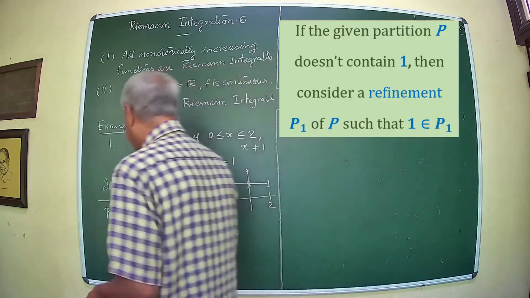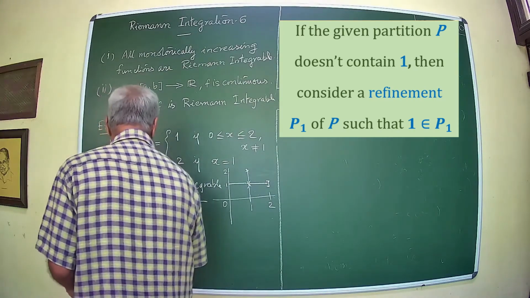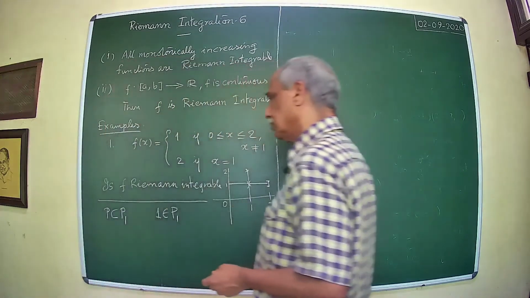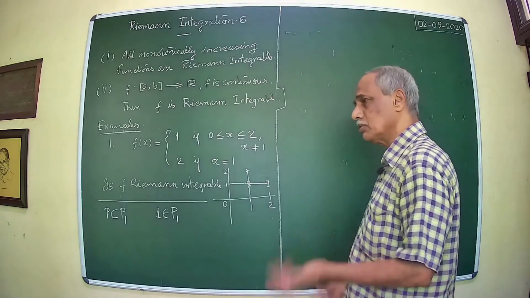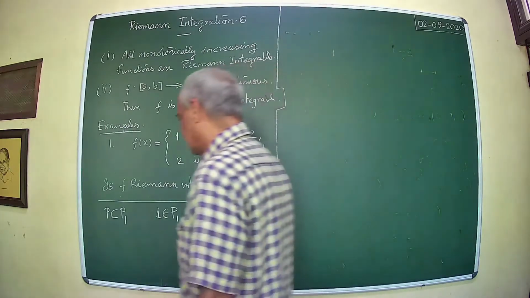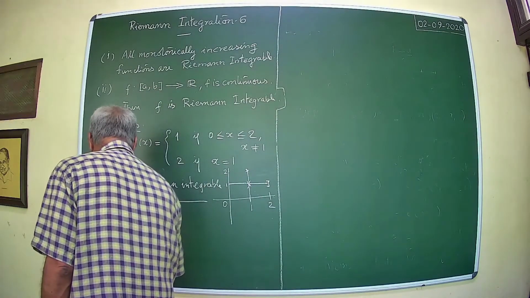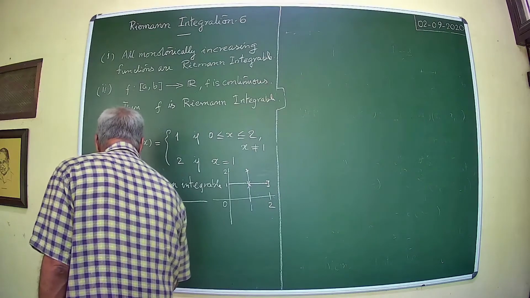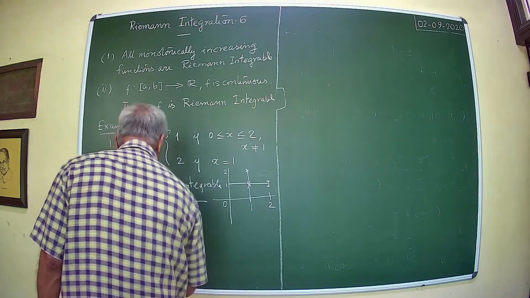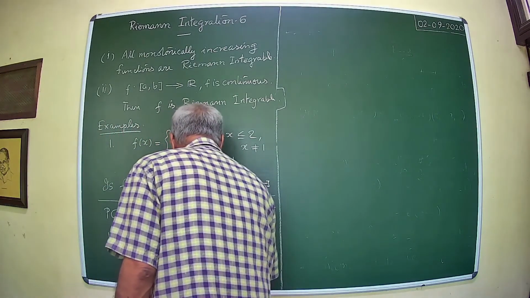So you can get a P1 where 1 belongs to P1. Okay. So it gives a partition. What happens to the criterion? You see that L(P, f) is less than or equal to L(P1, f), which is less than or equal to U(P1, f), which is less than or equal to U(P, f).